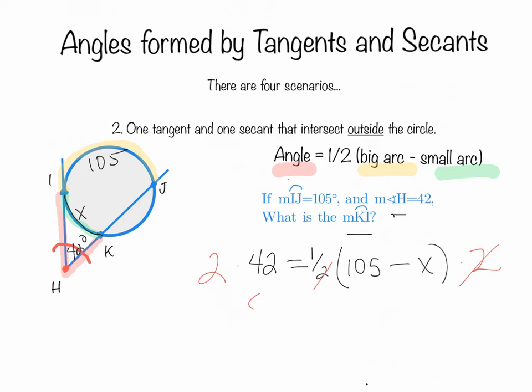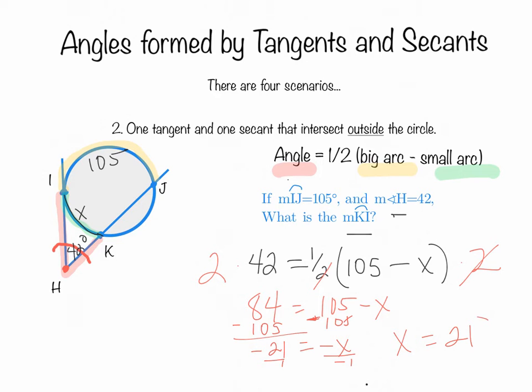And so I end up with 84 is equal to 105 minus X. And then I'm going to subtract 105 from both sides. I get negative 21 is going to equal negative X. So if I divide both sides by negative 1, I get X is equal to 21. So arc KI is 21 degrees.